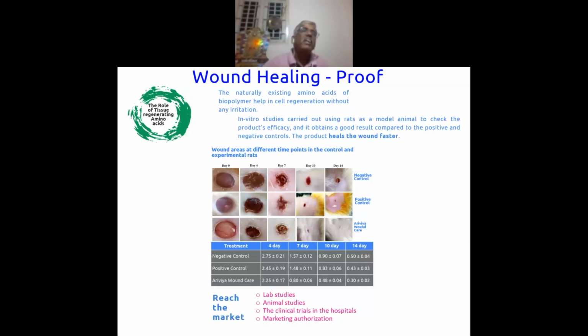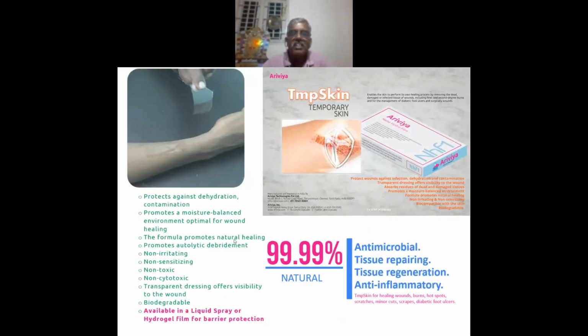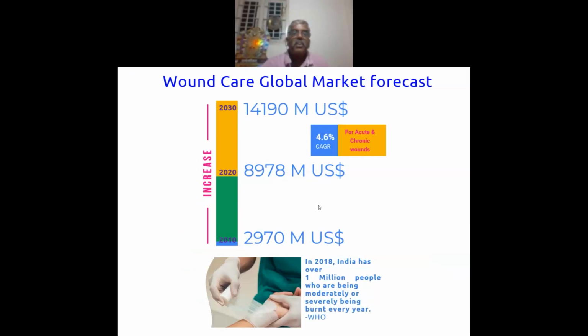So this way, we are getting wound healing quickly, even without scar. We named it Tem Skin. This kind of product is going to reach the market soon. It is 99.99% natural, so there is a very good market existing at the global level.